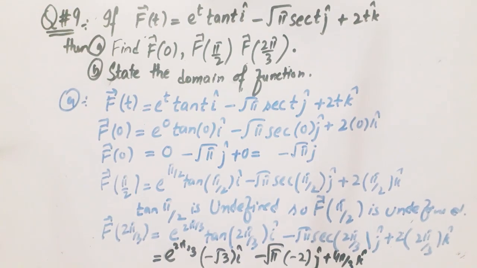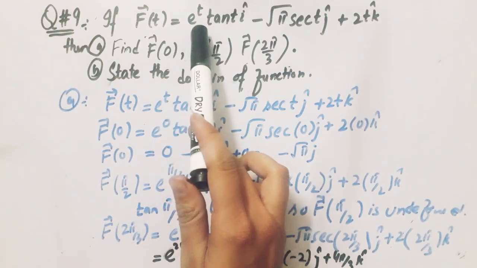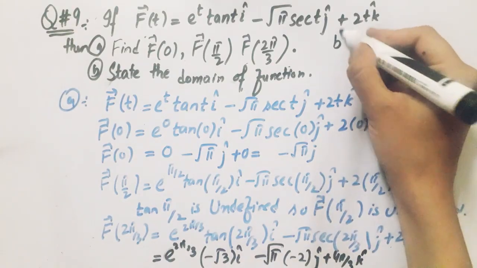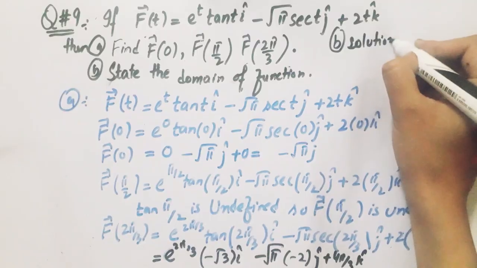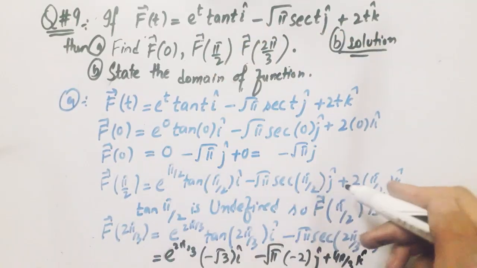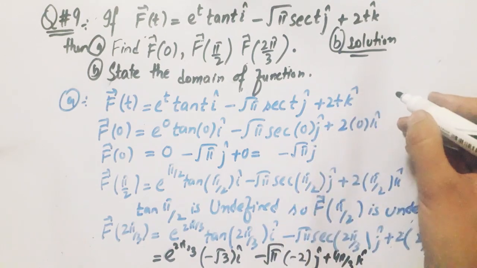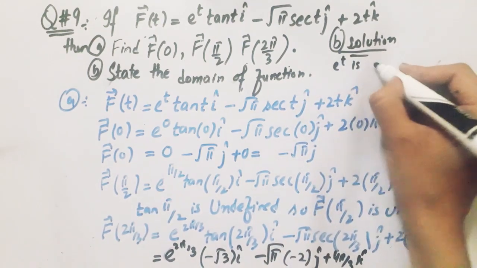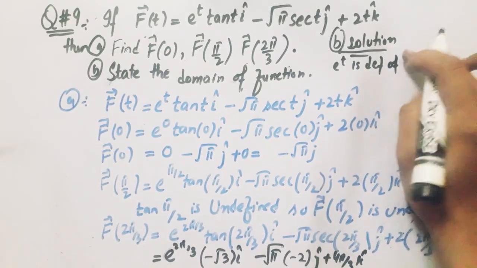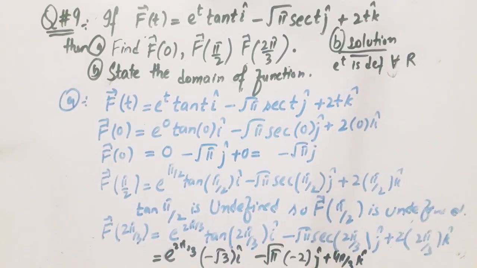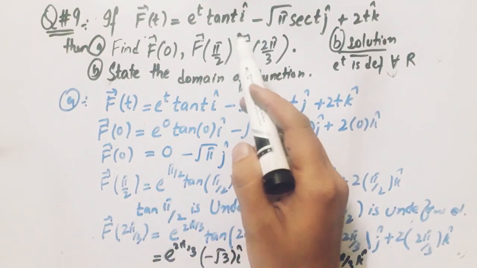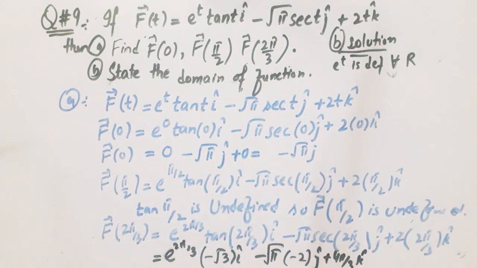Now we have to find the domain of the function. What will be the domain of the given function? So we see that e raised to power t is defined for all real numbers. Here we will solve the b part. e raised to power t is defined for all real numbers and tan t is defined for all real numbers, but tan pi by 2 and secant pi by 2 both are undefined at t is equal to pi by 2 plus n pi.